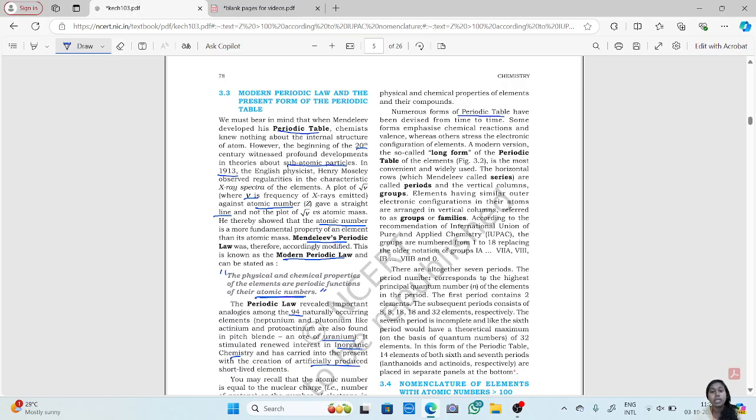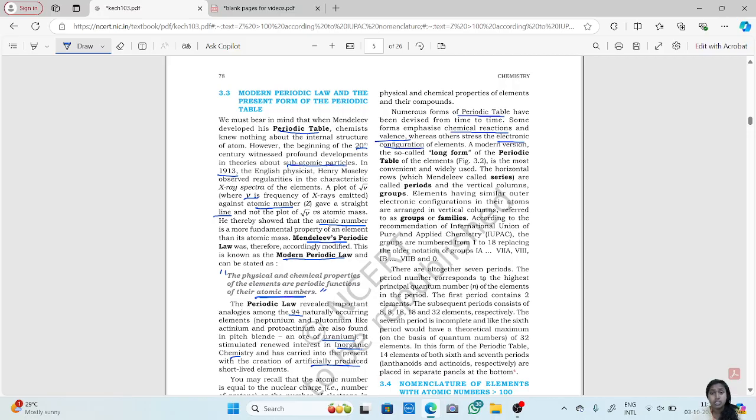Some forms emphasize chemical reactions and valences, whereas others stress the electronic configuration of the elements.